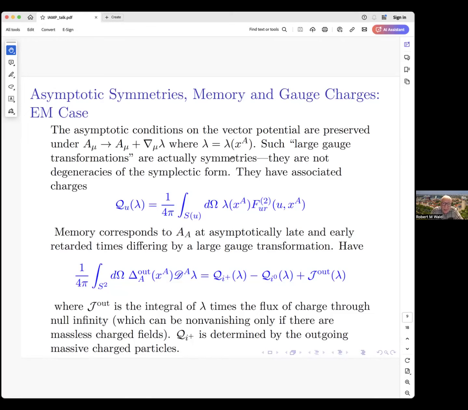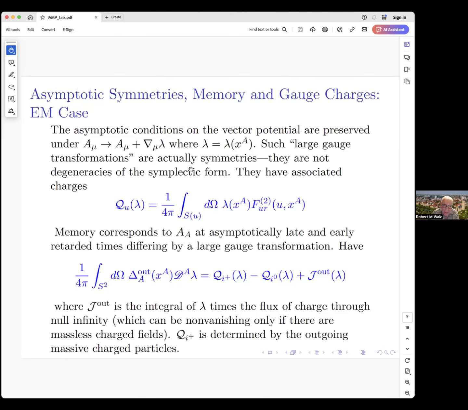But furthermore, these large gauge transformations are actually not gauge transformations technically from the point of view of Hamiltonian or Lagrangian theory, because they're not actually degeneracies of the symplectic form, the way gauge transformations of this sort, where the lambda goes to zero at infinity, are degeneracies of the symplectic form.